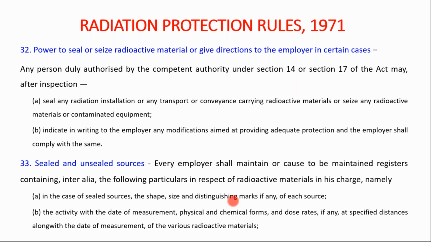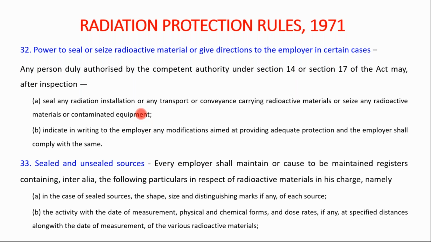So whatever we have discussed in rule number 32 should be recorded in rule number 33. So with reference to this rule 33, it is the employer's responsibility to keep records of these sealed sources with shapes, size and some marks if required.